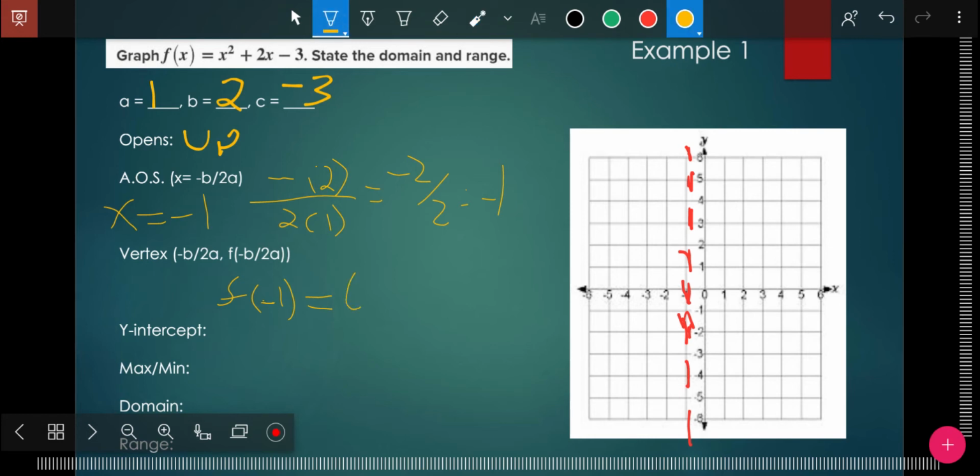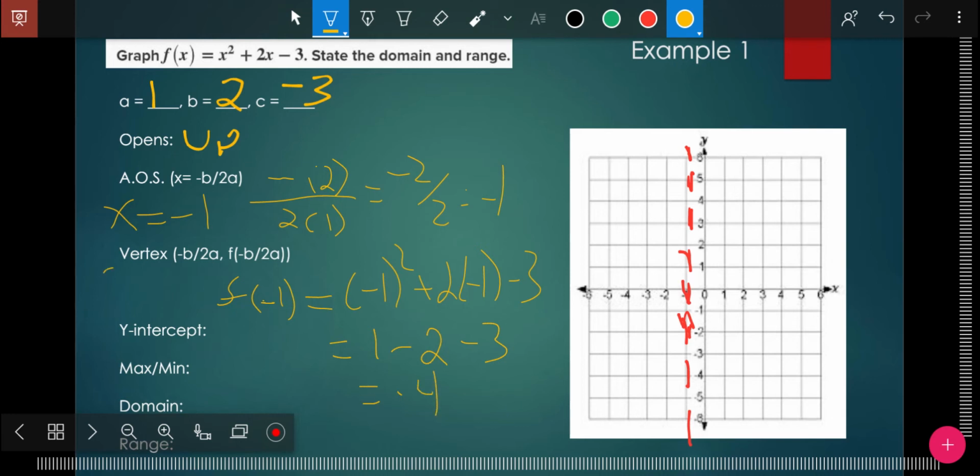And so -1 squared plus 2 times -1 minus 3. -1 squared, -1 times -1 is +1. 2 times -1 is -2. Minus 3 just stays -3. And so the whole thing equals -4.